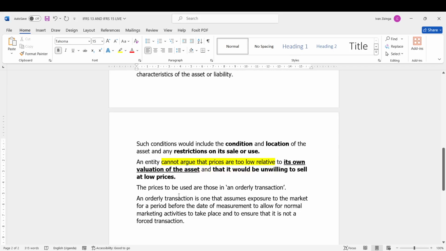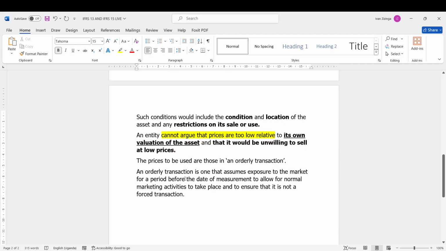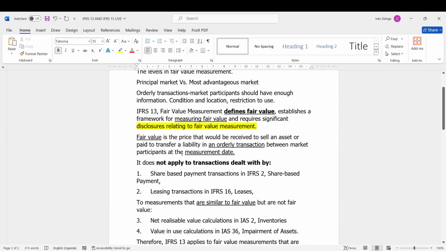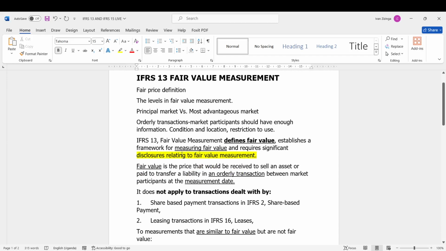Okay. We are also saying that, remember in the definition we said, it is a price in an orderly transaction. It is a price we either receive or pay when selling an asset or settling our liability in an orderly transaction.